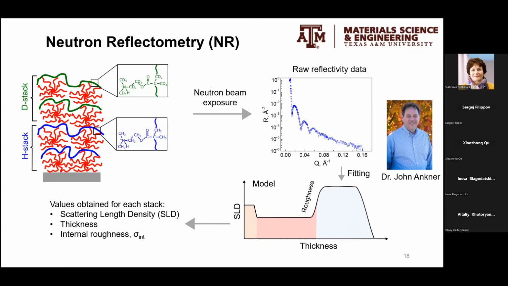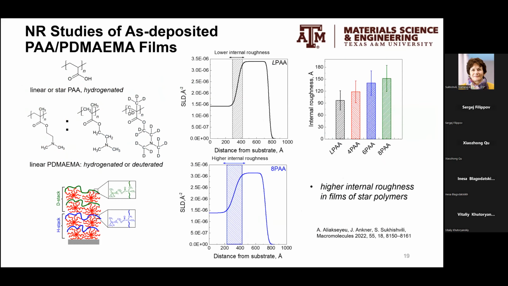It's not the external roughness, but the internal roughness related to diffusivity. We are going to observe the degree and the rate of penetration of the top layer into the bottom.